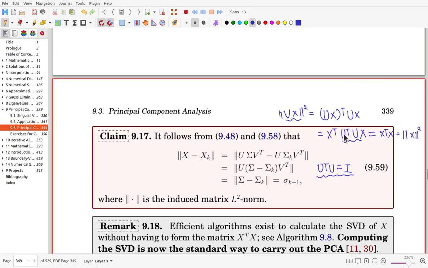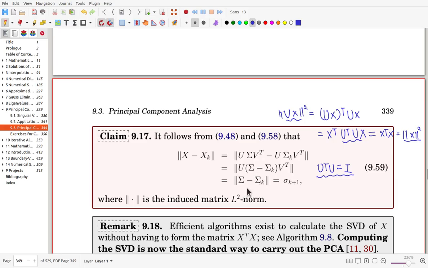So the norm of UX squared must be the same as the norm of X squared, which means that in length computation we may ignore such a matrix. Once a matrix satisfies such a property, we can ignore it. So we can ignore this one and that one, and eventually we have that.